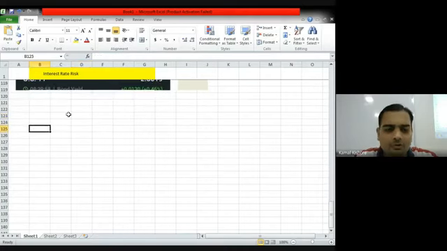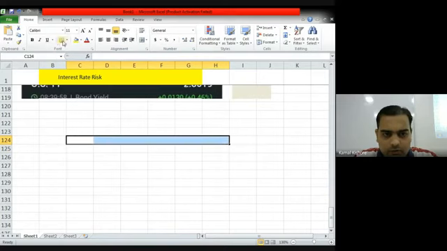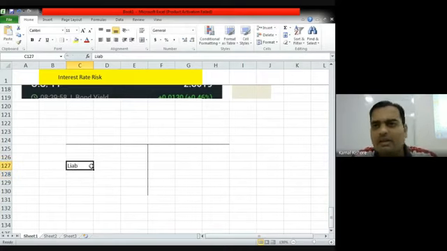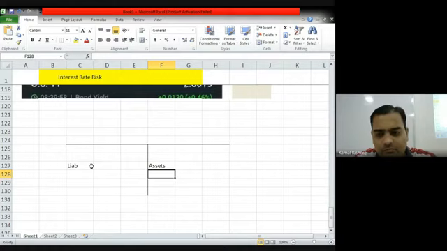Okay. So what is the risk that I'm having? As far as interest rate is concerned, there are two types of risk. One, I'm having interest linked liabilities. Then I'm having assets which are interest linked. Meaning to say, I'm having investments where interest is a key factor to measure the returns.